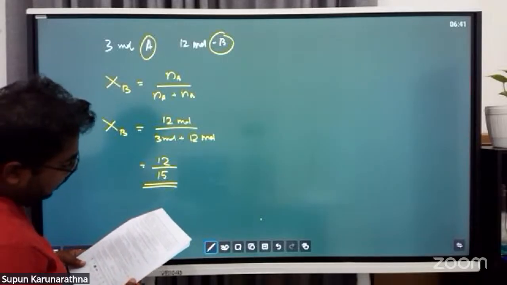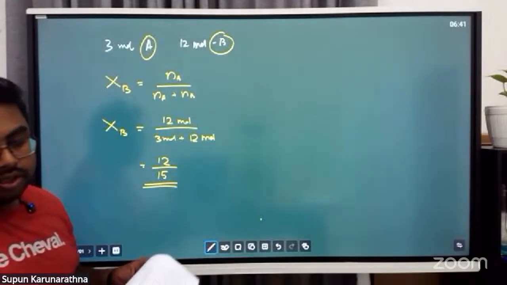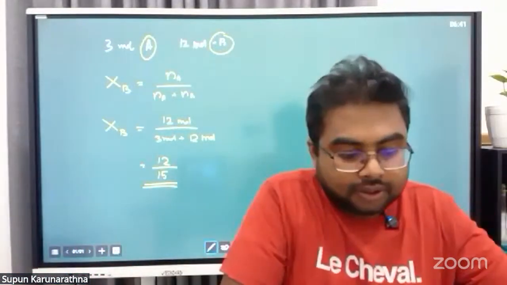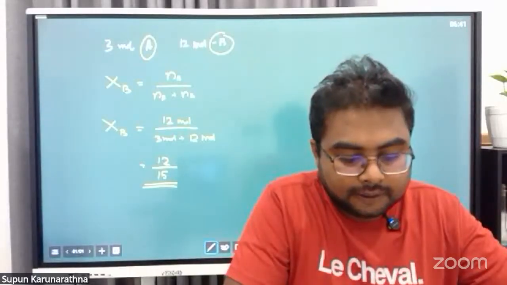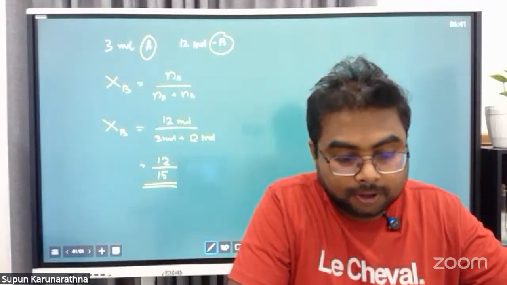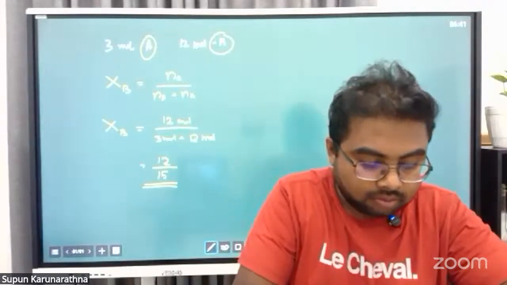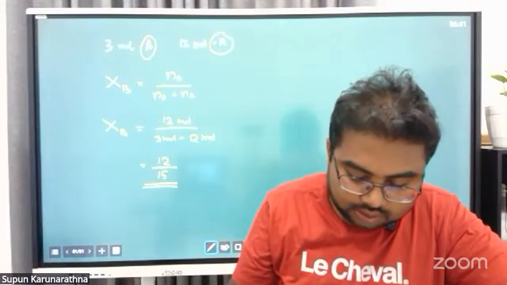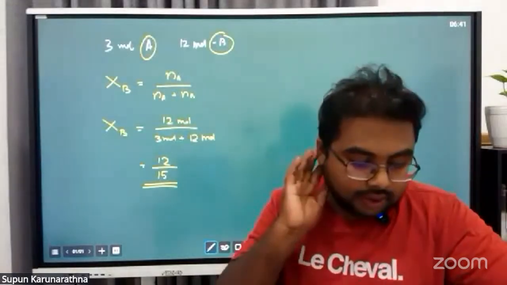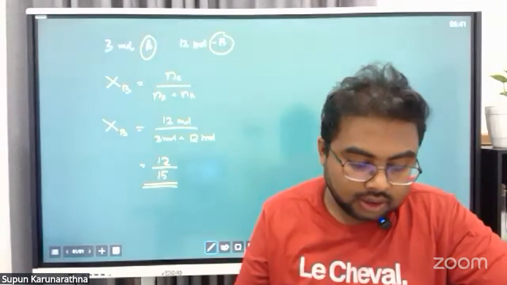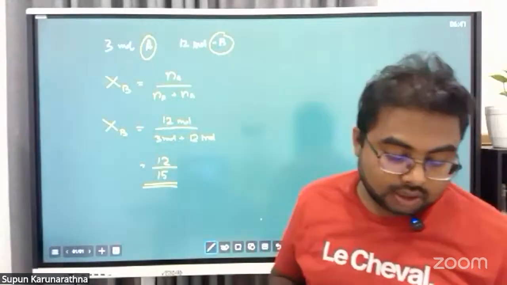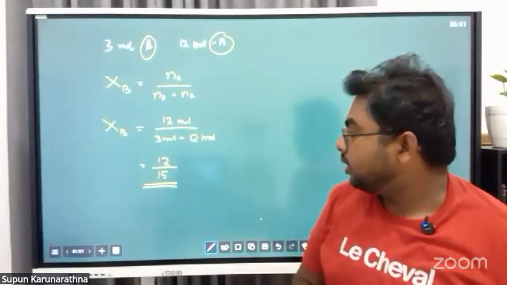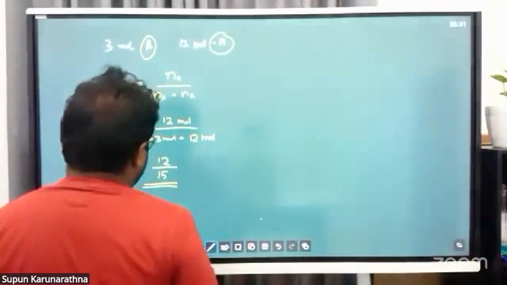12 over 15. Then it's given as a decimal number, so you can simplify it. After simplifying the decimal number, what's your answer? 12 divided by 15, what is it? 0.8.